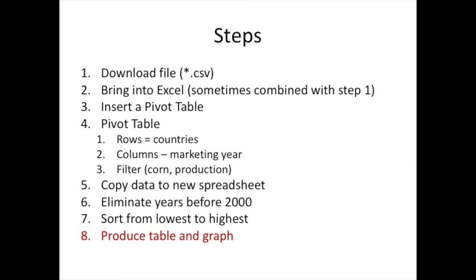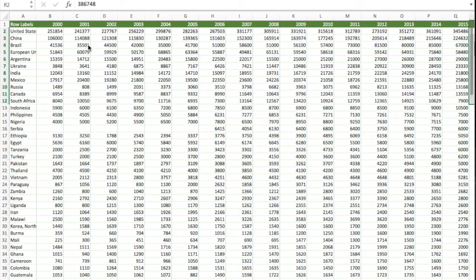All right, the last thing we want to do is produce the table and the graph. And let me go into Excel and show you the basics about how you would do this. You probably have done this before, but let me just show you again. We're back in our spreadsheet.